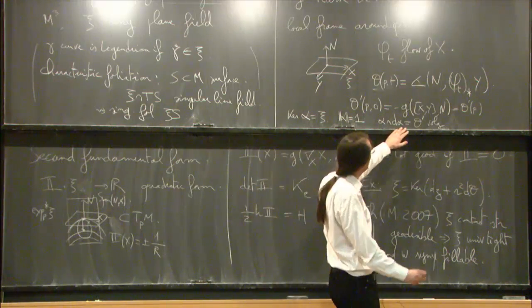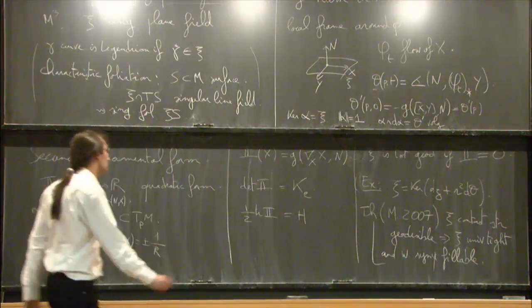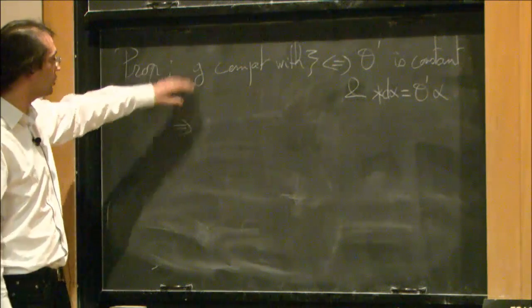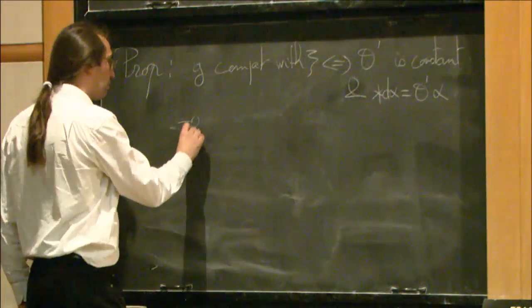And I have something stronger than alpha wedge G alpha is theta prime times volume. Actually, the Hodge dual of D alpha is theta prime times alpha. Okay? But then that's a condition in tensor. And this is a characterization, and then you have properties.